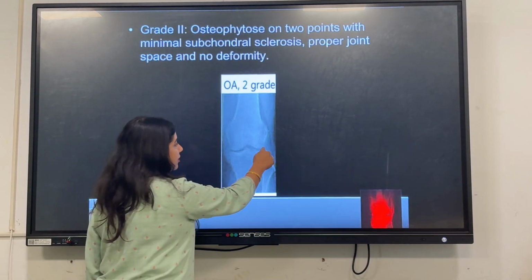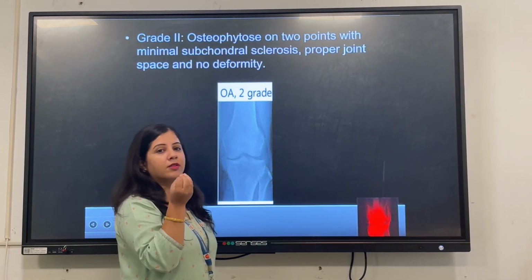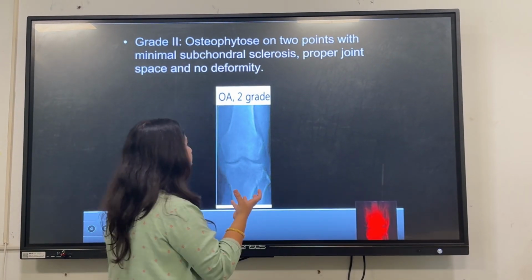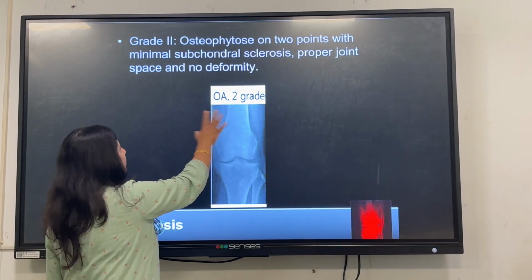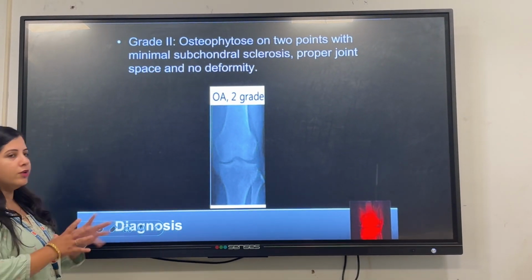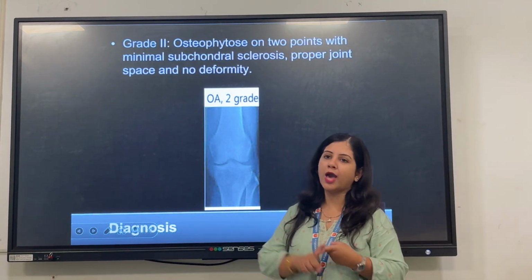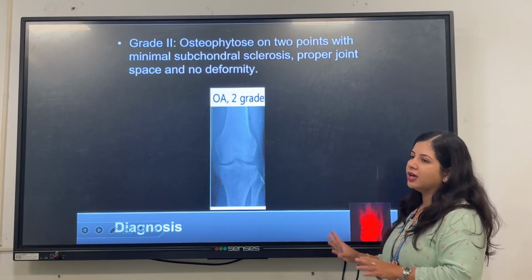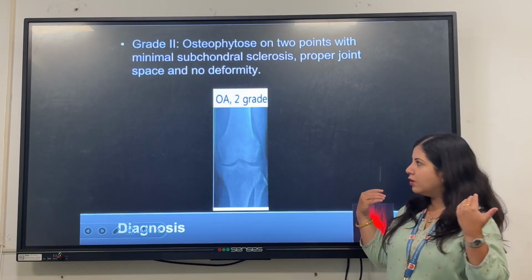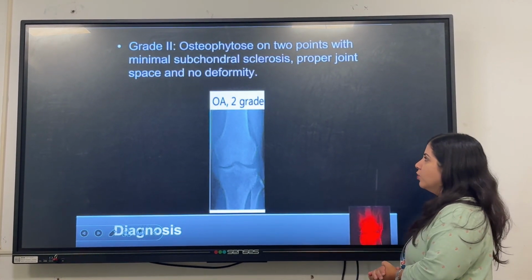This is a joint which comes in contact and slowly gets eroded. That means sclerosis is there. The joint space is preserved and no deformity will be present. Which deformities are more common? Genu varum and genu recurvatum. But genu varum is more common in OA.